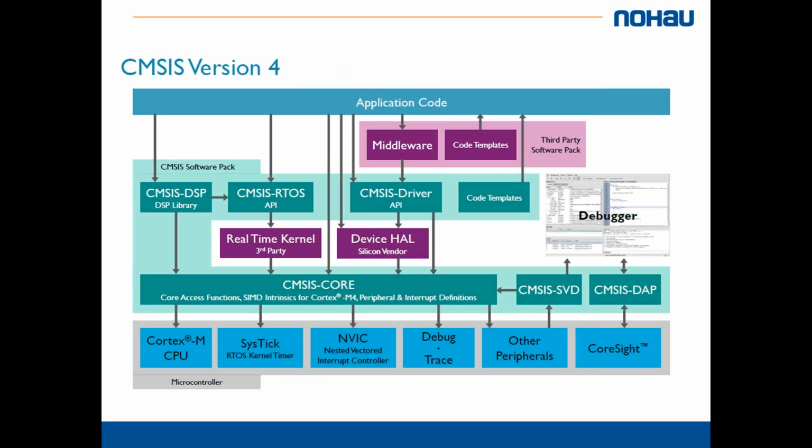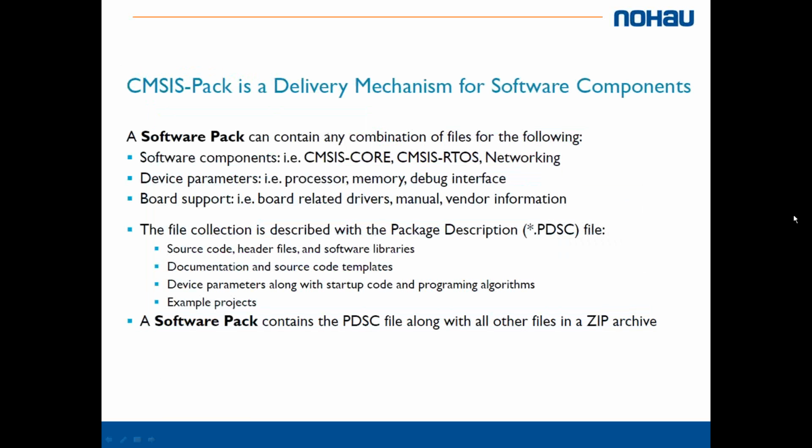This is the Cortex-M standard interface from ARM. Your software pack can be anywhere in this diagram, or it can be a combination of different levels. So it's up to you to decide what your software pack should contain. Basically, a software pack is a delivery mechanism for software components.